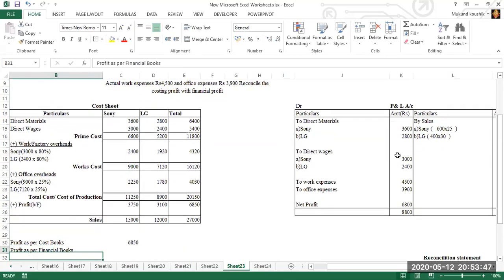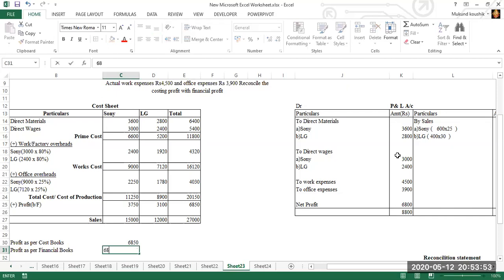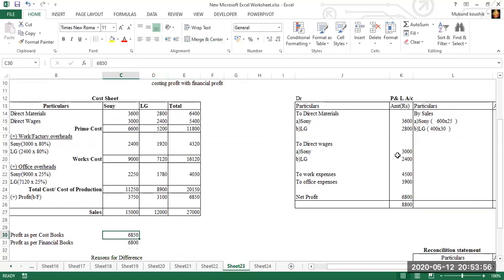As per your financial record, how much is the net profit? It is 6,800. Now, is there any difference between costing and financial accounting profit? Yes, there is a difference. How much is the difference? 6,850 is the profit as per cost book. As per financial account, that is 6,800. So the difference between both the books is rupees 50.